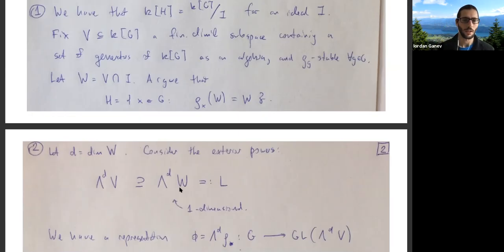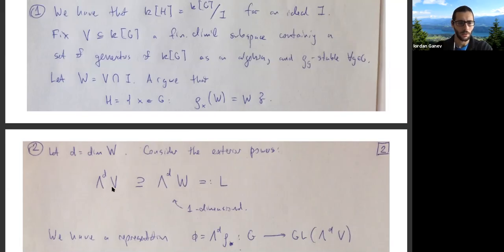More concretely, if you take a basis for W, W1 through WD, then the tensor W1 tensor W2, all the way up to WD, generates the dth exterior power. So we get something one-dimensional. I invite you to think about it more if you're not convinced.